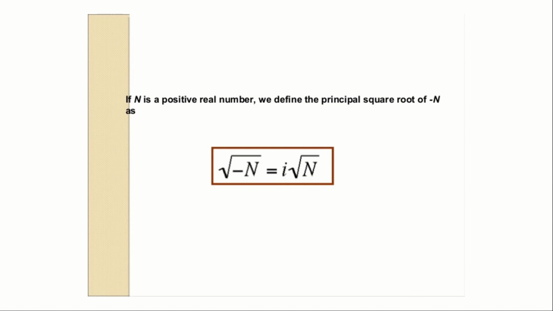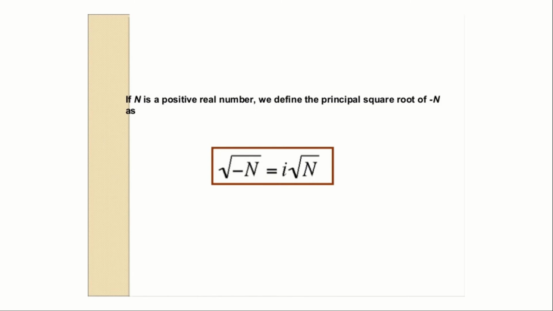If n is a positive real number, we define the principal square root of minus n as root minus n equals i root n. This n can be any real number, because a real number can be negative, positive or zero. Here minus n is considered as minus 1 into n.